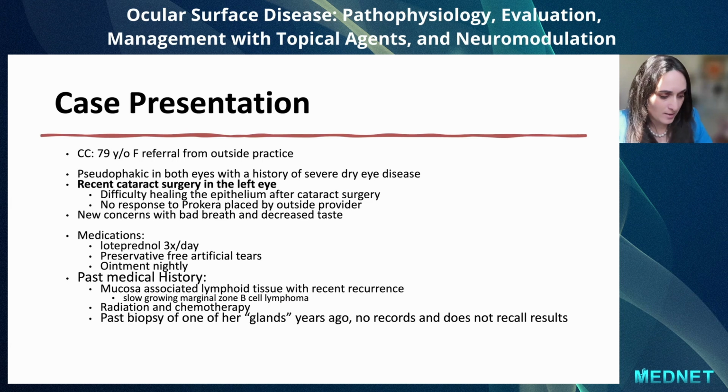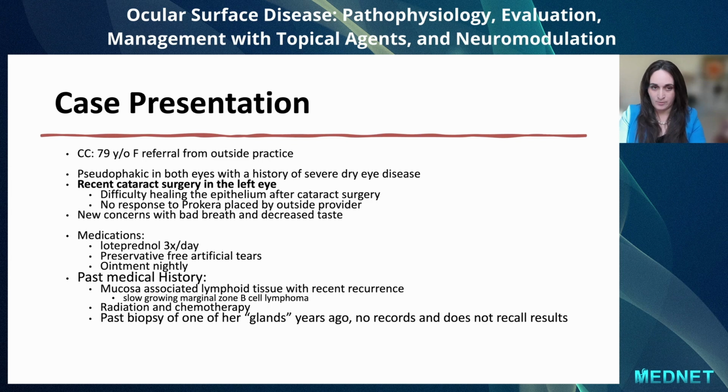So we're going to go through this case briefly. This is a 79-year-old female who was referred from an outside practice. She had cataract surgery in both eyes and had a history of severe dry eye disease. Her most recent cataract surgery was in the left eye about a month previously, and she had challenges healing the epithelium after the cataract surgery.